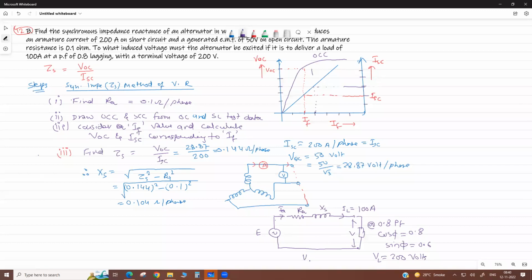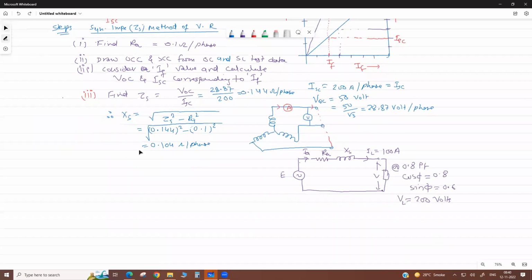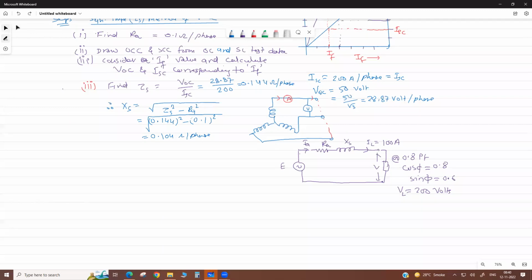So this V phase is 115.47. Very good. So this volt per phase value we can calculate.